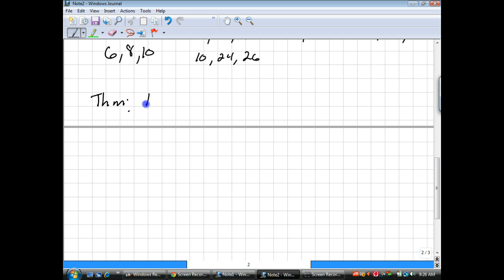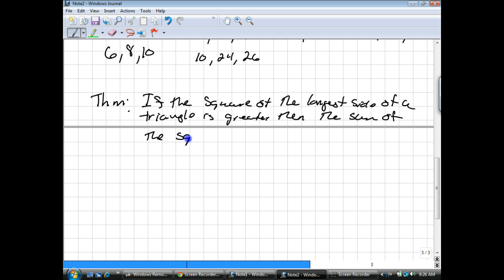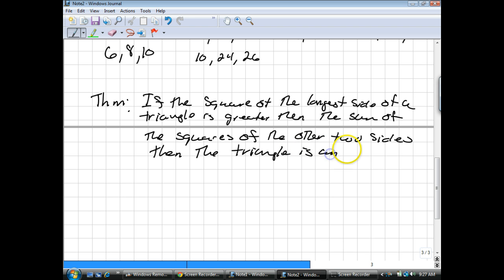The first theorem says, if the square of the longest side of a triangle is greater than the sum of the squares of the other two sides, then the triangle is an obtuse triangle.